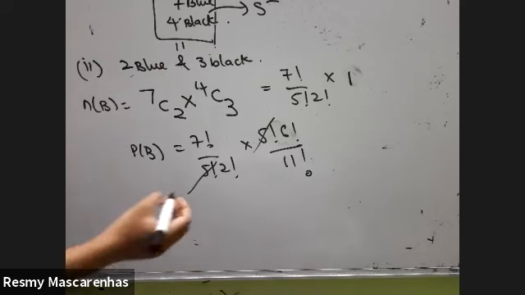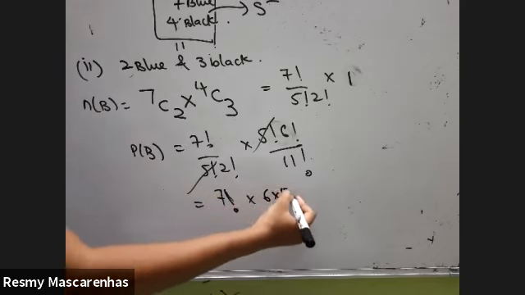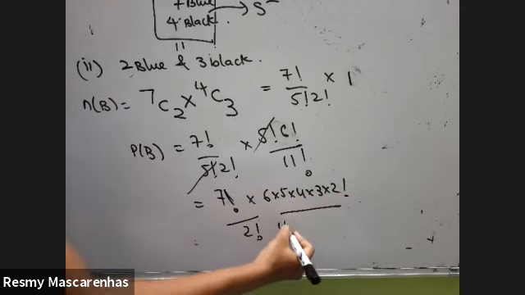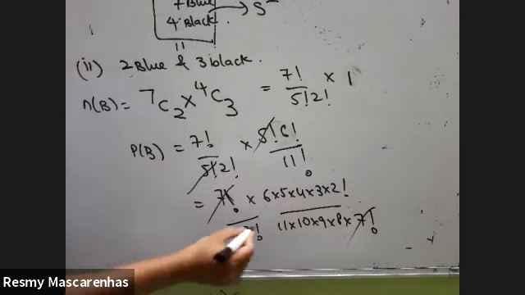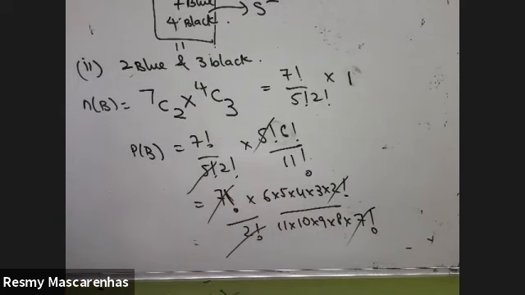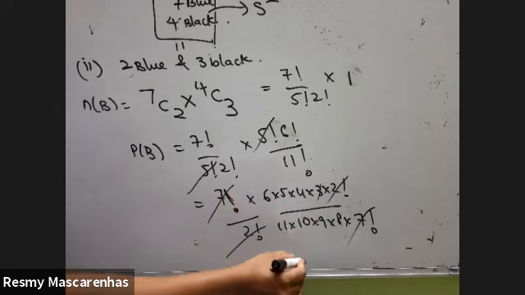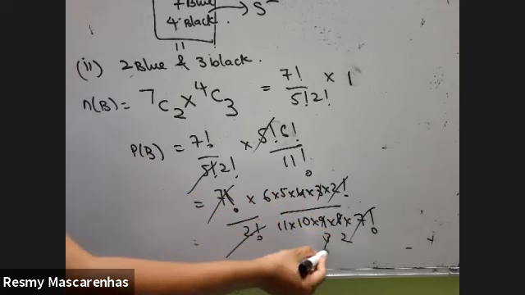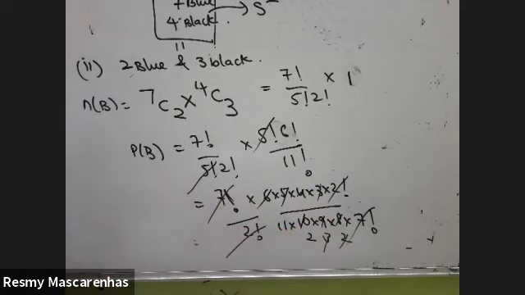And then calculate. 7, 2 and 2, and then cancel out this. Again, 1 by 22 will be our answer.